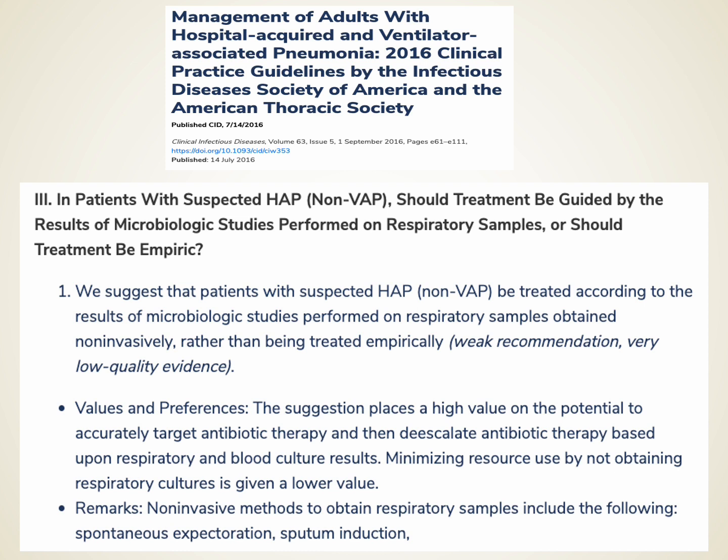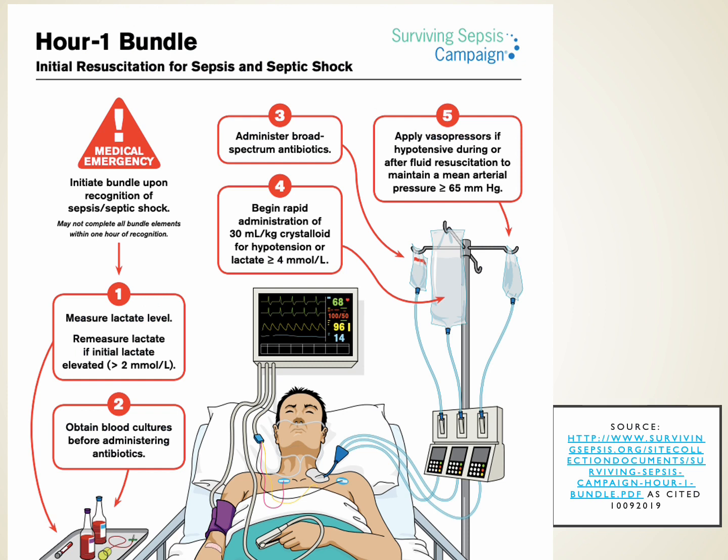The other issue is you probably do want to screen them for any risk for MRSA or Pseudomonas and make sure that those are in your initial empiric coverage before you peel things away. If folks are overwhelmingly septic with their pneumonia, either community-acquired pneumonia or hospital-associated or ventilator-associated pneumonia, then you need to look at all of the sepsis 1-hour bundle recommendations that we also talked about in infectious disease.